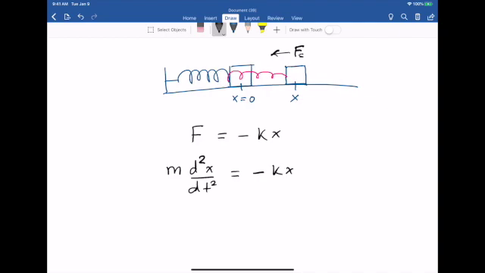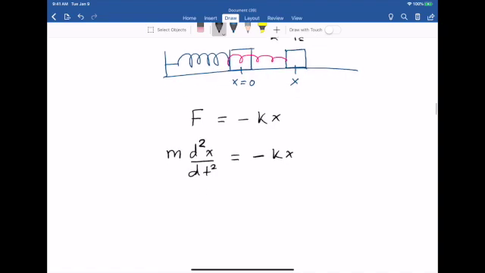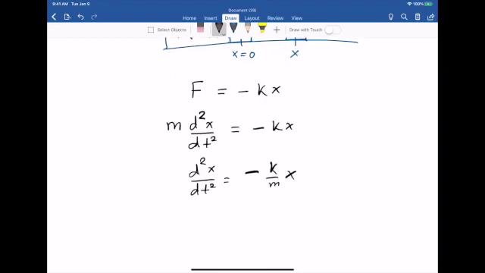All right. Now, let's take a look at this equation. Or I'll do one step and then we'll stare at this equation. So we can write this as d2x dt squared is equal to minus k over m x. And just to make this a little nicer to look at, I'm going to define k over m equal to some constant which is omega squared.